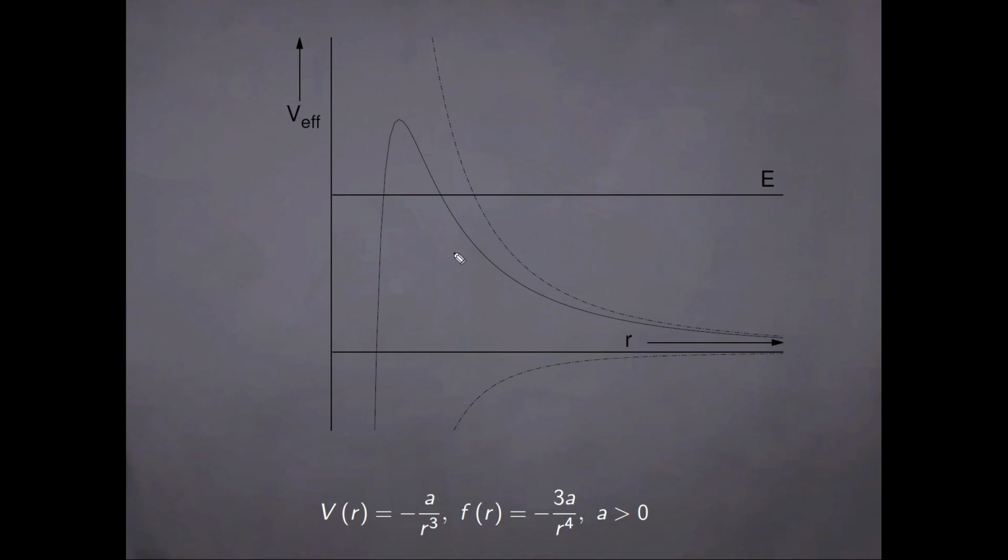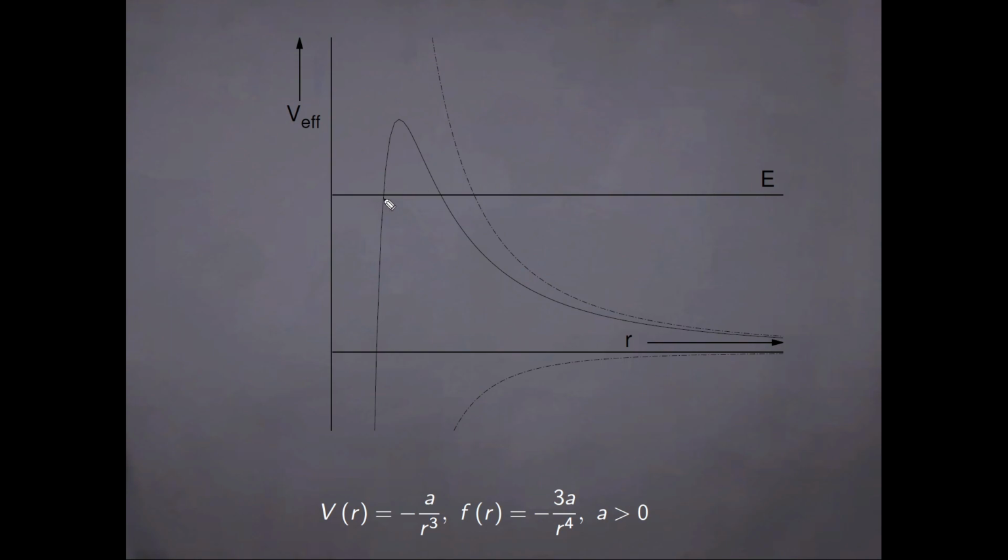And as can be seen, for any value of the energy, there are two possible cases really. So for energy that is lower than the maximum of this fictitious potential, for initial conditions where the initial radius is greater than the value here, the motion is unbounded, so the particle comes from infinity, is repelled by the barrier, and returns to infinity.